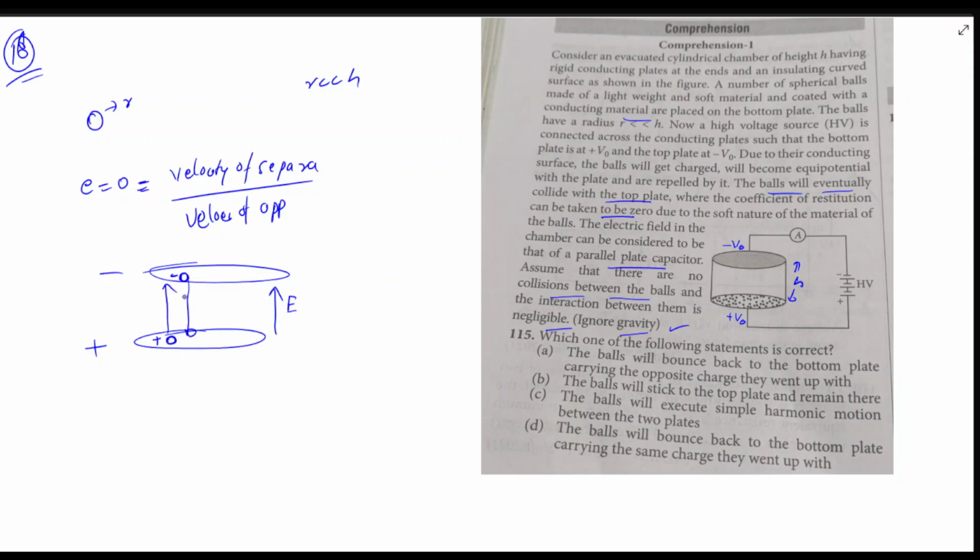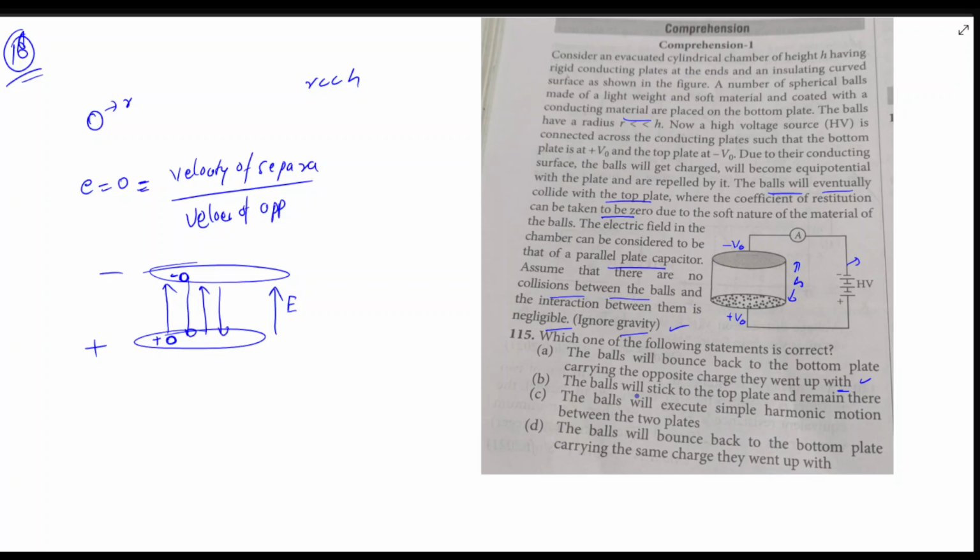So first they will go up, then they will go down, then they will go up, then they will go down. And the situation will continue to happen till the battery loses its energy, right? Okay, so which of the following: the balls will bounce back to the bottom plate carrying the opposite charge to what they went up with. Okay, so this seems correct, right?